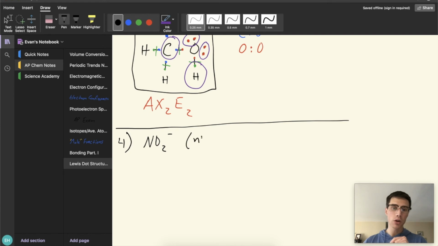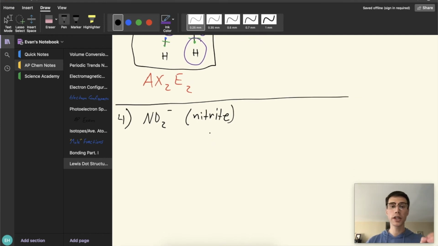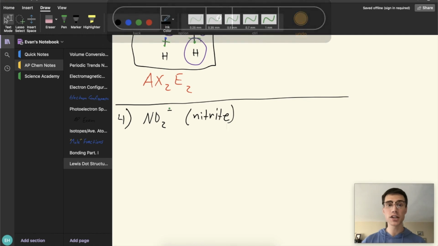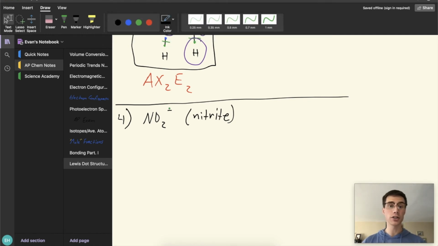So this is something called nitrite. So if you look at your polyatomic anion chart, it should be on there. Now, when we're totaling up the number of valence electrons for this molecule, we need to take into account the fact that there is a negative charge here, because that negative charge tells us there's 1 extra valence electron somewhere in this molecule, okay? So nitrogen, if we're looking at the periodic table, has 5 valence electrons. There's only 1 nitrogen in this molecule, so we expect 5 valence electrons to come from our nitrogen.